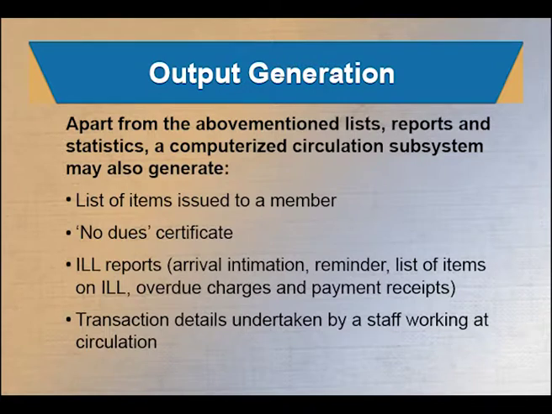That means the circulation login and password are shared only with a few staff, so that responsibilities can be settled at the time of emergency. So, these are the outputs which you can generate very easily from an automated library system by using the circulation module.